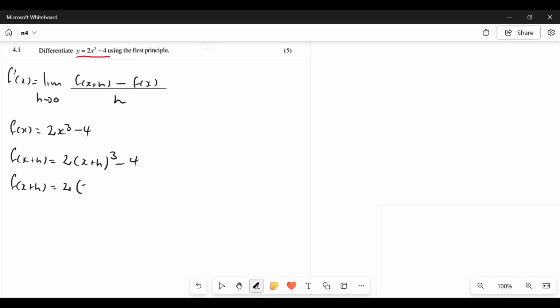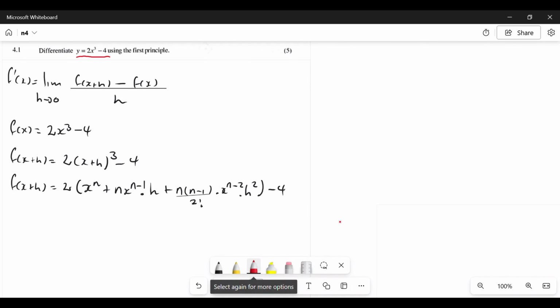The formula goes like this: we have x to the power of n as the first term, plus n x to the power of n minus 1 multiplied by h, that is the second term, and the third term is n multiplied by n minus 1, all divided by 2 factorial, multiplied by x to the power of n minus 2 multiplied by h squared, close bracket, minus 4. Let me highlight very quickly: this part here is the one that needed us to use the binomial theorem.